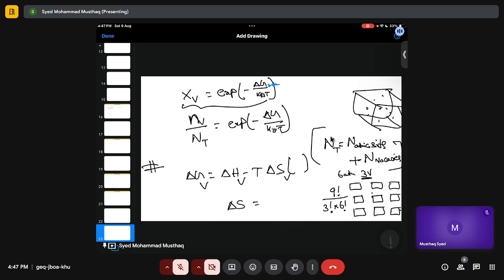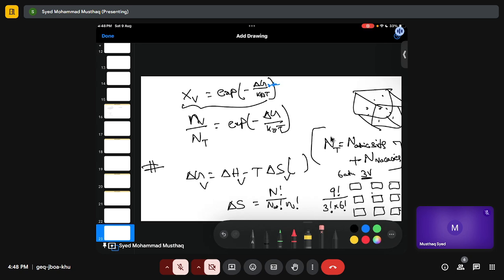It is nothing but 9C3 or 9C6, both are the same. So if I have NT sites and NV vacancies, then NT factorial upon n atoms factorial times NV factorial. Or, because there are too many unknown terms, instead of n atoms let's just write NT minus NV, which is again nothing but the number of atoms.